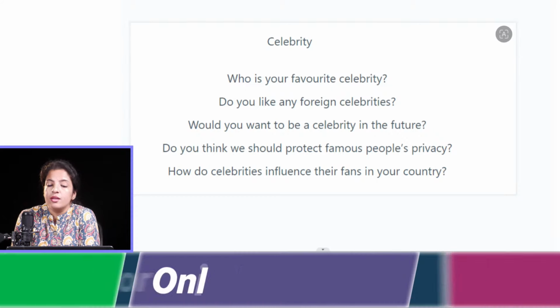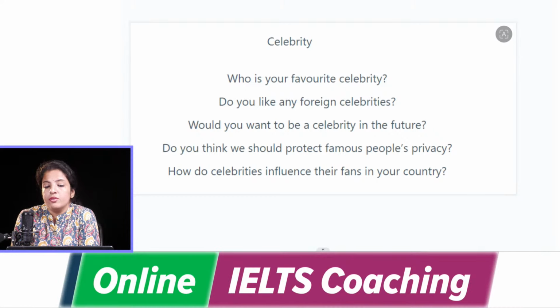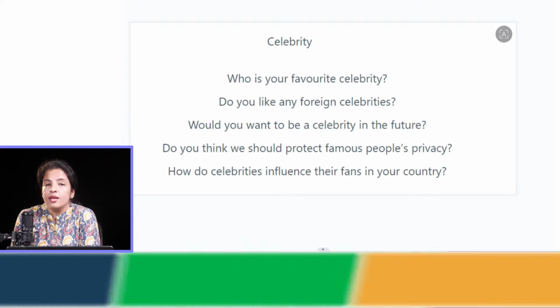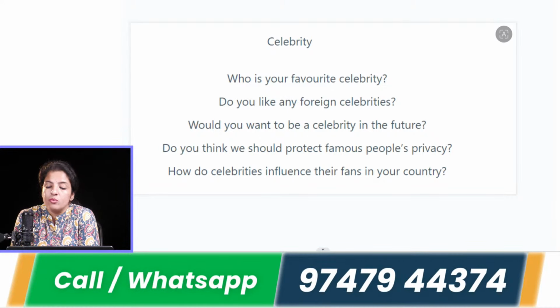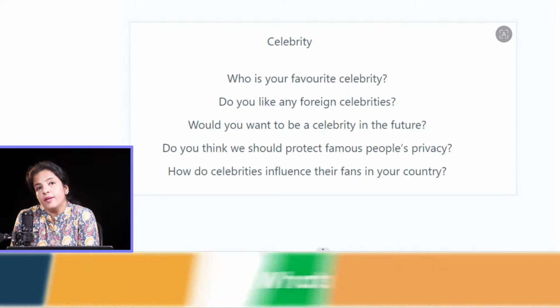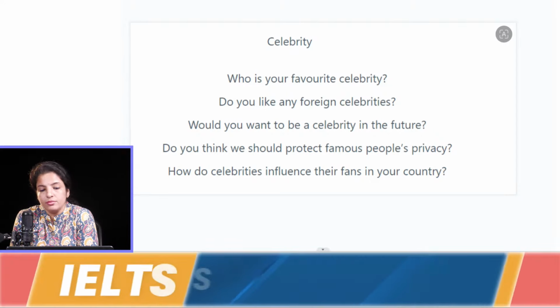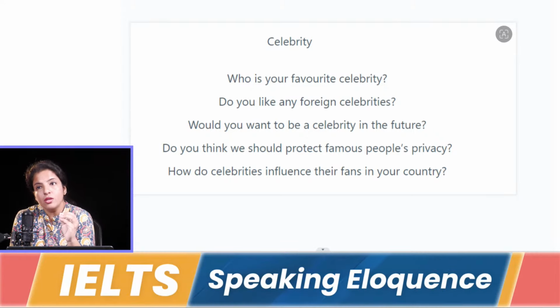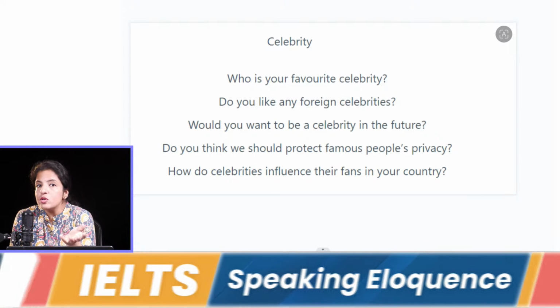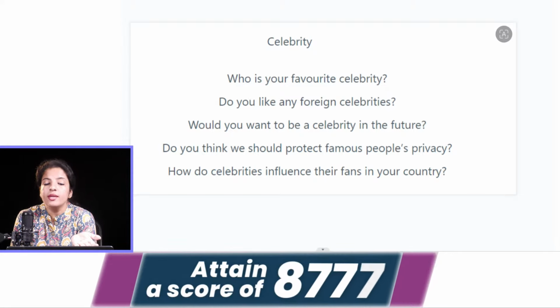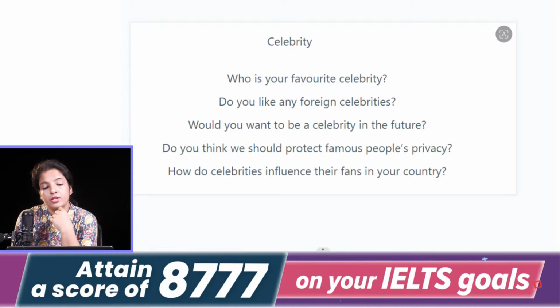His name is Mohanlal, and I love his acting, and I have seen his films from my childhood, and he is one of the people who can actually relate to the audience, and that is why he's become my favorite celebrity.